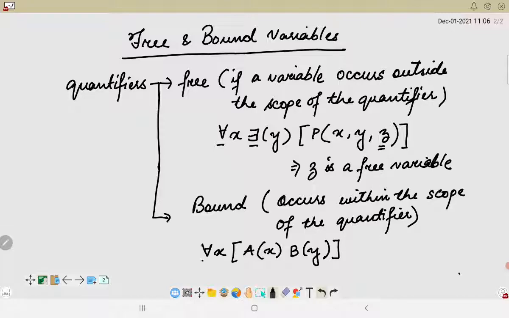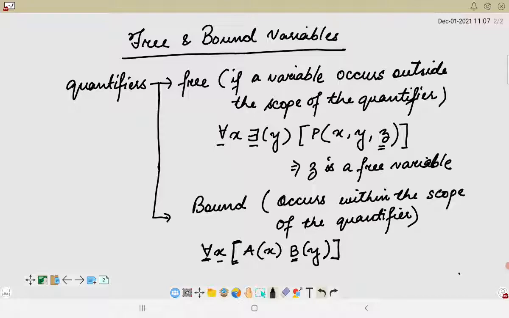For x, we have already associated a quantifier. For y, although we have not associated any quantifier with it, B of y is within this particular bracket, that means within the scope of x. So if it is within the scope of x, we will consider this a bound variable.